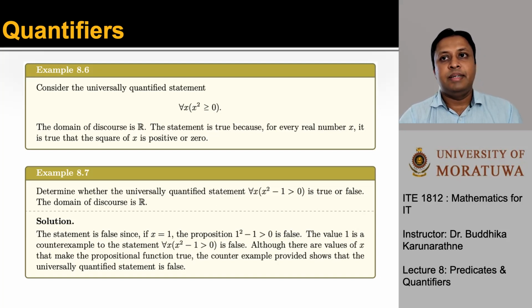The value 1 is a counterexample. We call it a counterexample to the statement for all x, x squared minus 1 greater than 0, which is false.